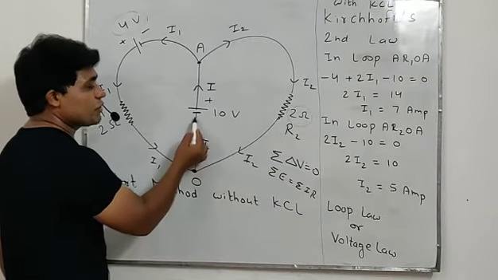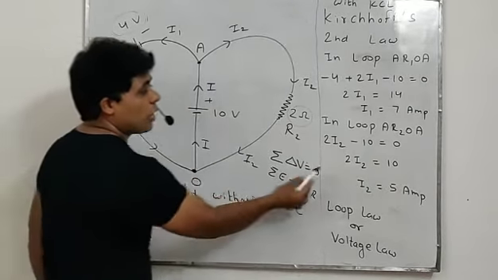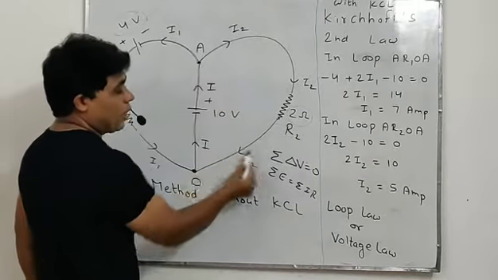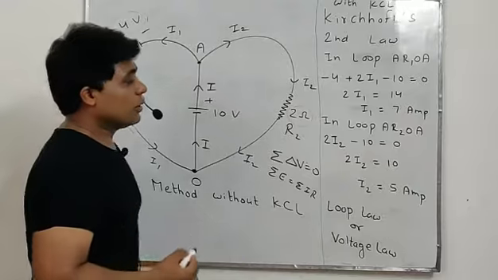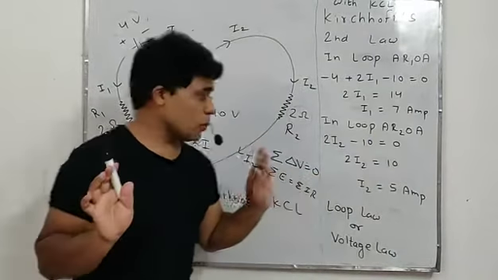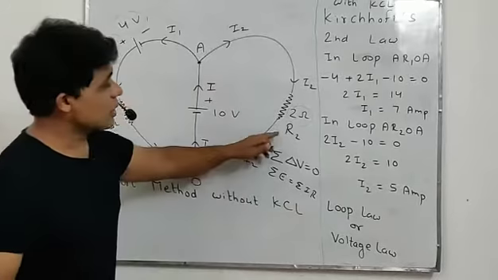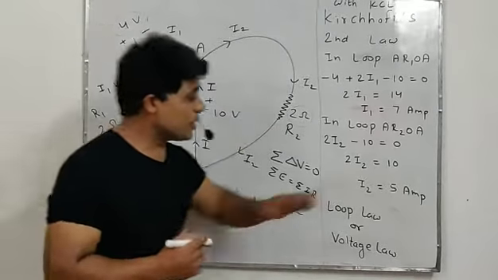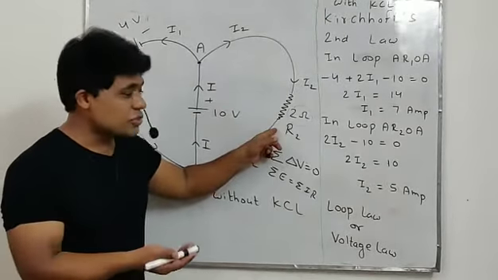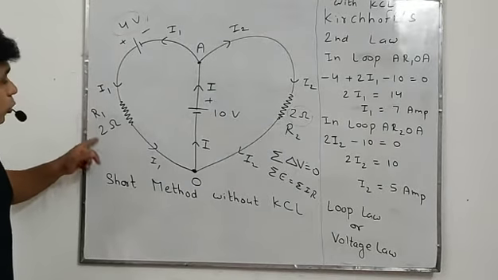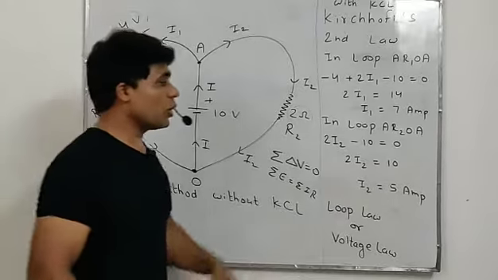And we are reaching first the negative terminal of the 10 volt battery, so write -10. And again we come to point A. We completed our loop, we completed our circuit, and the potential difference should remain 0. -10 becomes +10 and I2 becomes 5 ampere. So 5 ampere is the current in this R2 resistance, and 7 ampere is the current in this R1 2 ohm resistance. So we got I1 and I2.